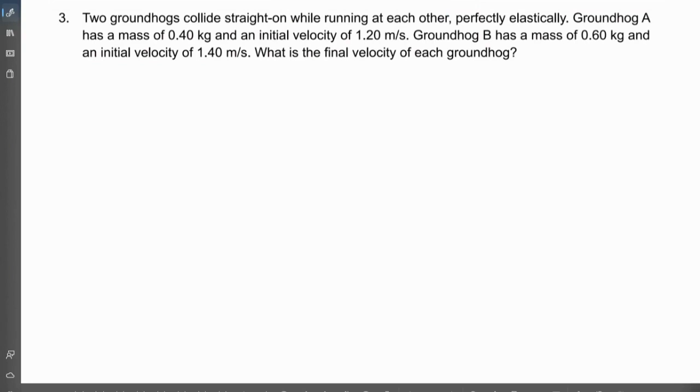All right, 2 groundhogs collide straight on with each other. So I'll draw more of my potatoes with ears. That's the best I can do for groundhog. 2 groundhogs collide straight on with each other. They look a little worried, they're running straight at each other. Okay.